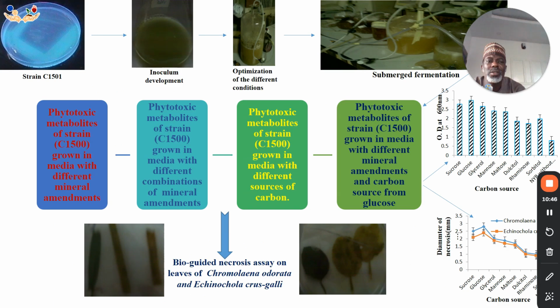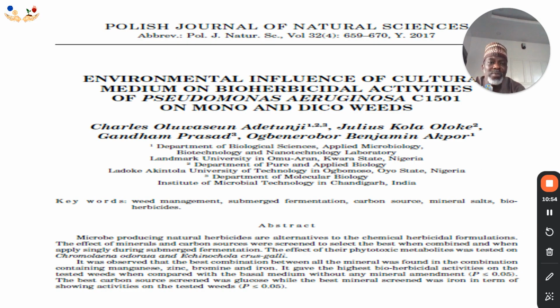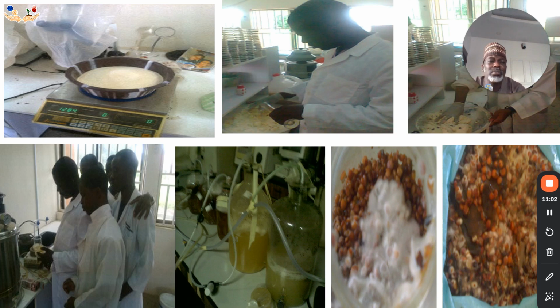We went further to establish which one is the best, whether solid state fermentation, submerged fermentation, or biphasic fermentation. This is the publication establishing submerged fermentation, and this is the picture showing solid state fermentation.